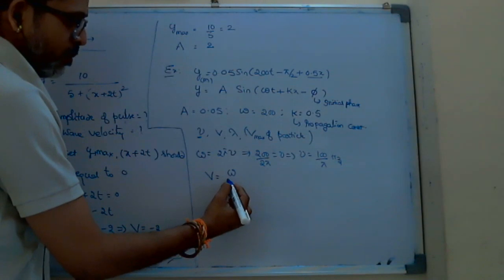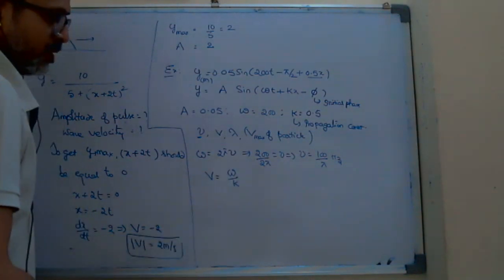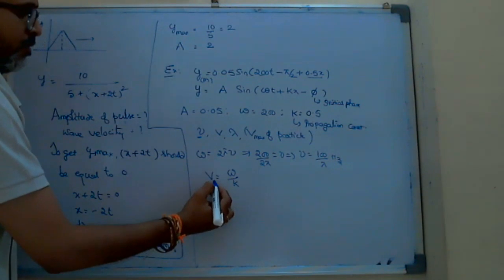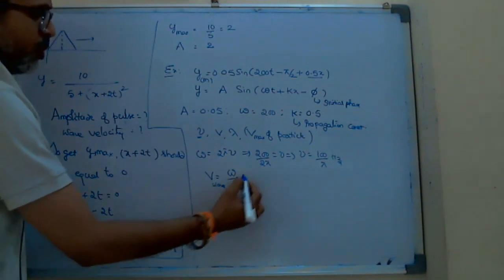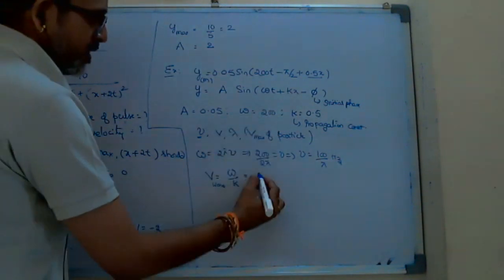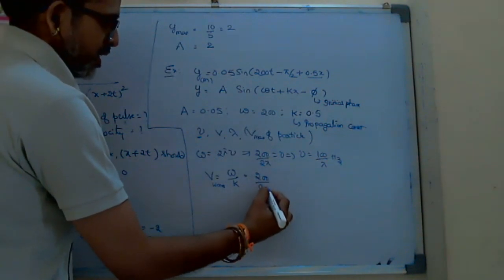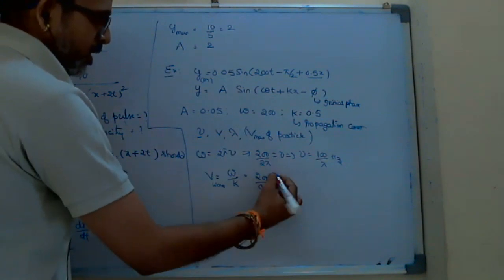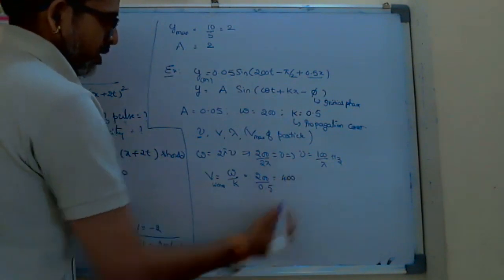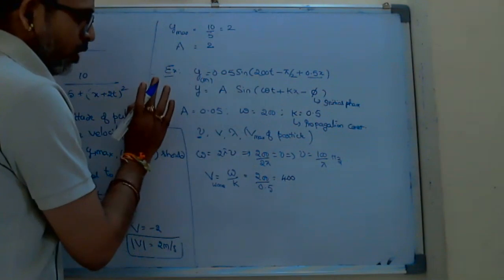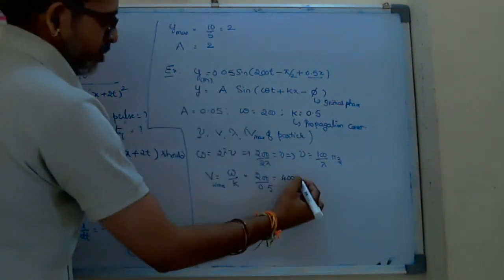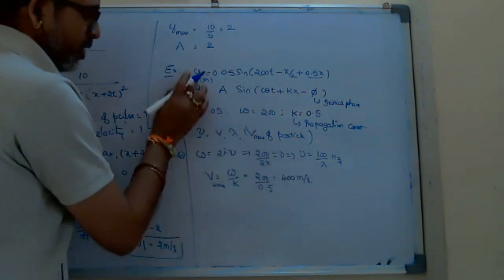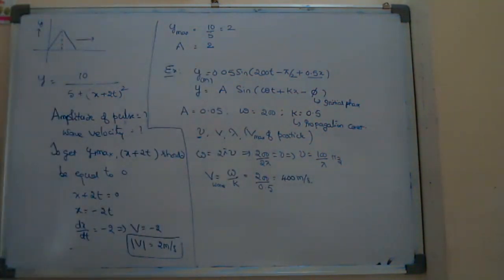You remember omega by k? Yes. Velocity of wave equals omega by k. Omega is 200, k is 0.5, which is 1 by 2. If you take that 2 to the numerator, you will get 400. In the SI system, it will be 400 meters per second if displacement is given in meters.